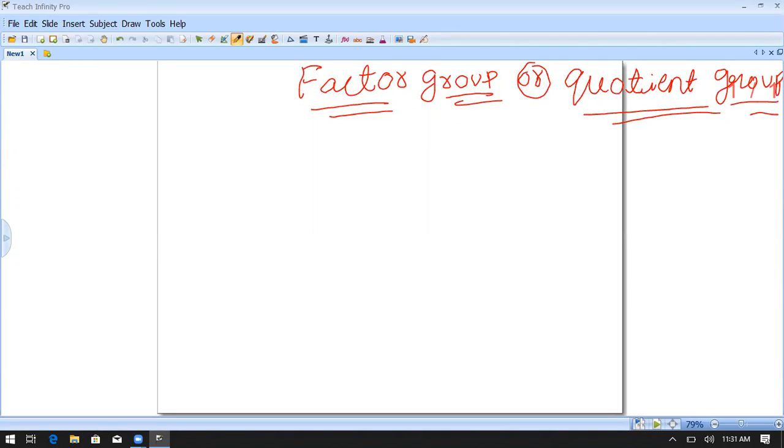So till now we have studied groups, and from a group we take a subgroup. This is first and this is second. After this come cosets, right cosets and left cosets. This is third. From these cosets, we find the normal subgroup.